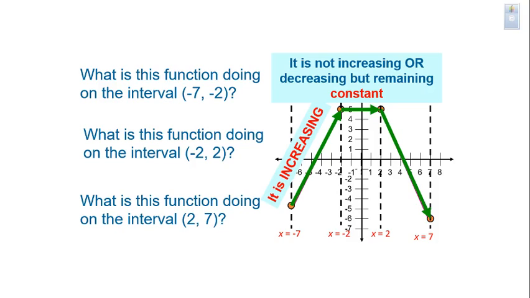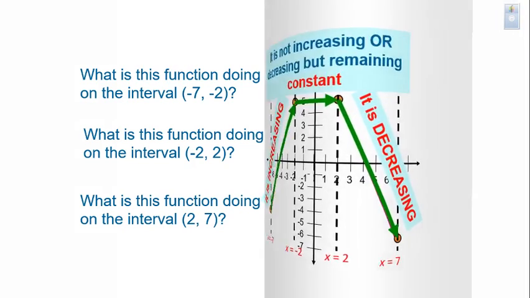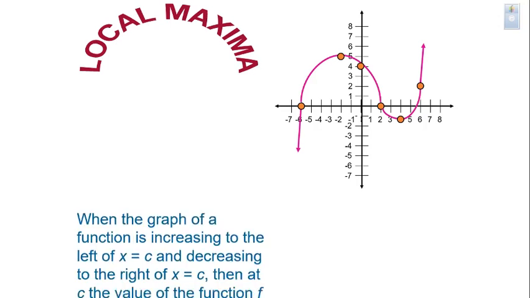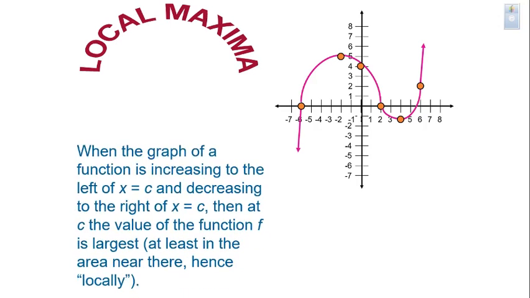Now let's talk about something else about the graph, namely the highest point of the graph and the lowest point of the graph in a region. We call that a local maximum point if, when you go a little bit to the left or a little bit to the right, the graph gets lower. It's the highest point in that region. You can tell from the graph because it's kind of like a mountaintop.